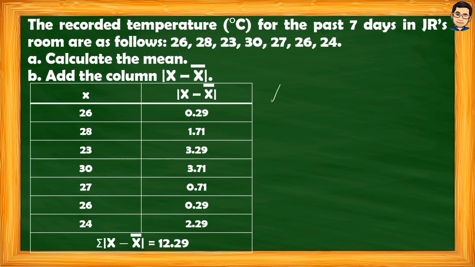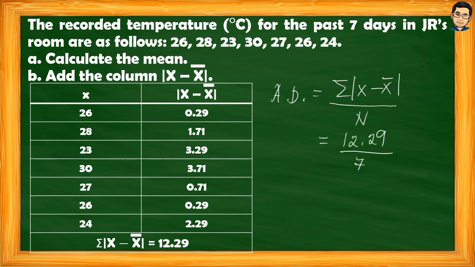So let us apply the formula. Average deviation is equal to the summation of the absolute value difference of each score and the mean, all over n. So that is 12.29, and then we divide by 7.